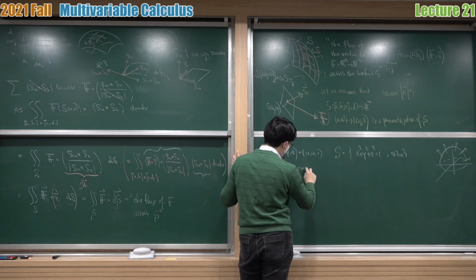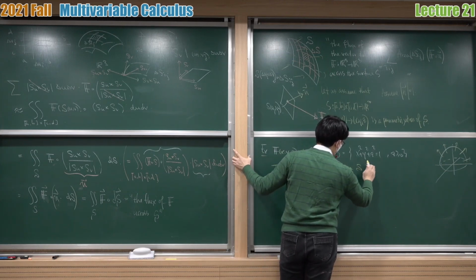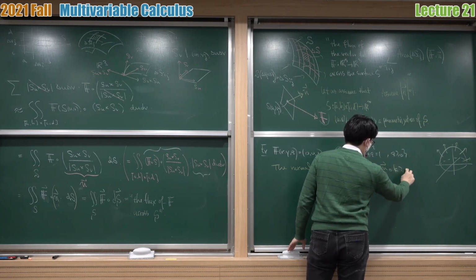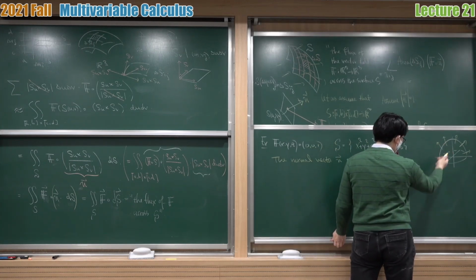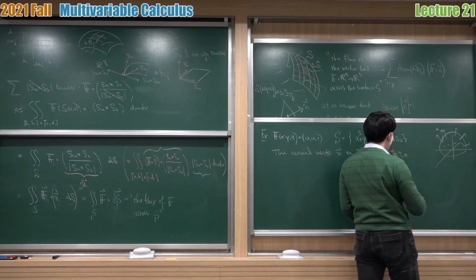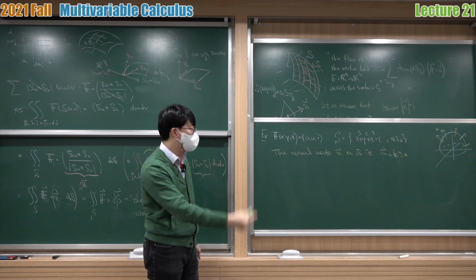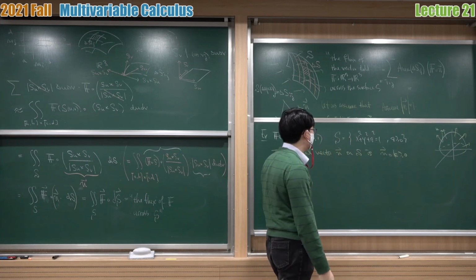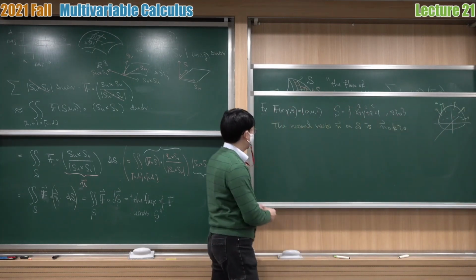The normal vector n on S is one that satisfies this inequality, which means that for any direction of n, if I take the inner product with (0, 0, 1), which is the k vector, it always has a positive inner product, which means it has an angle less than pi over 2. That means it's always upward. Now we have a normal direction. Let's find the flux.